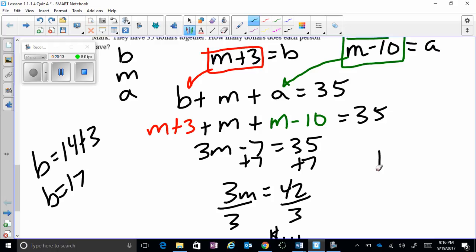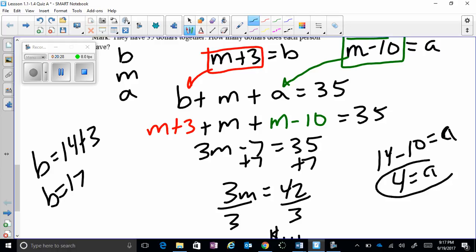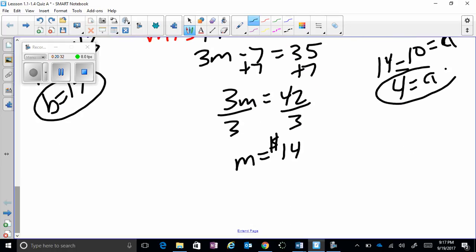Because if I plug that in, 14 minus 10 is how much Ashley would have. So Ashley has 4, Brandon has 17, and Mark has 14.